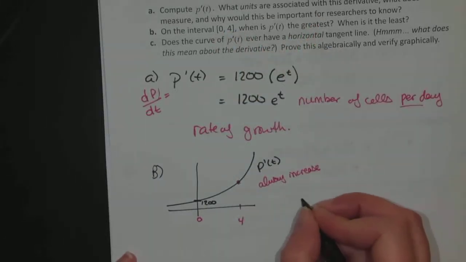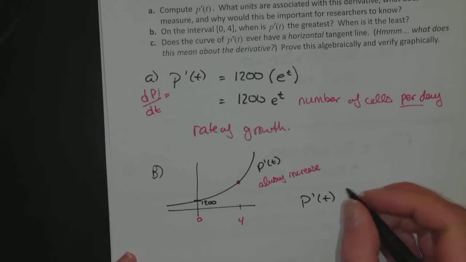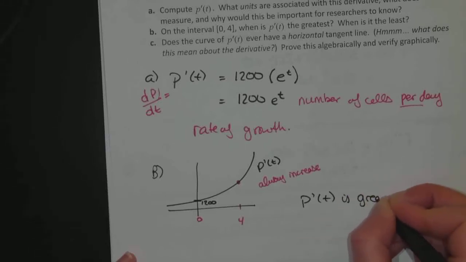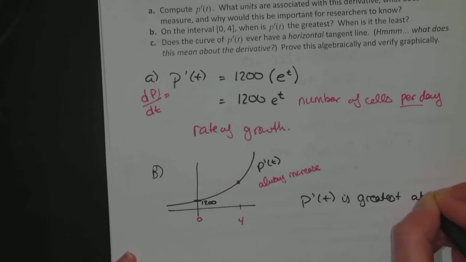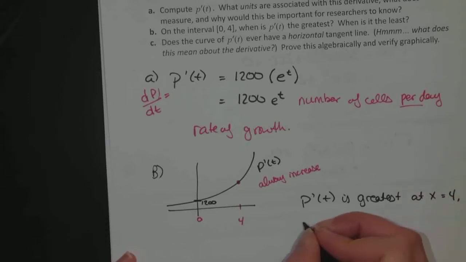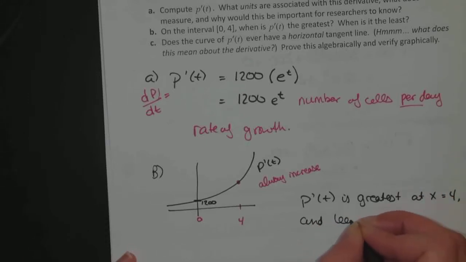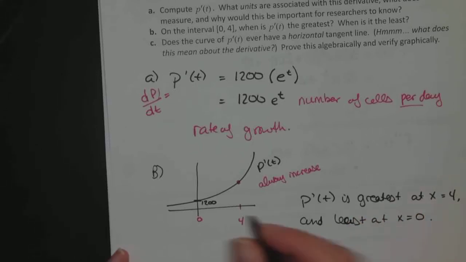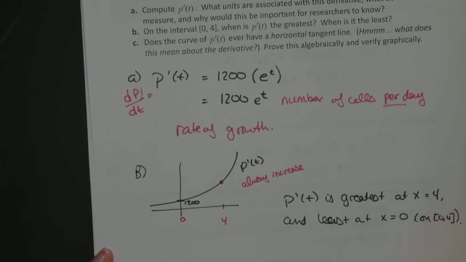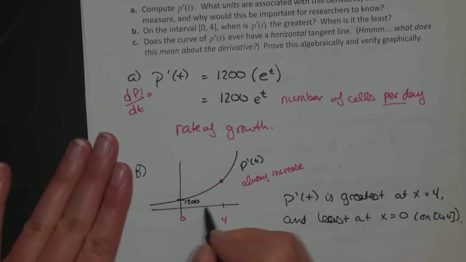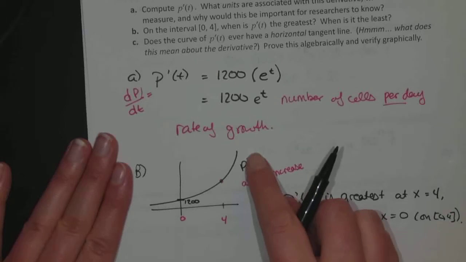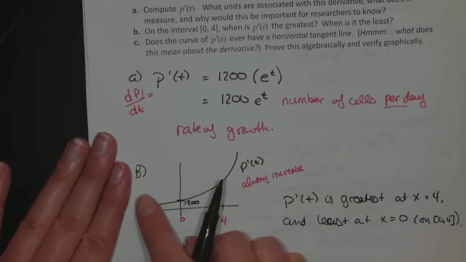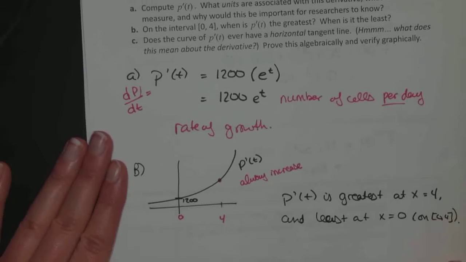So I can conclude, because of the shape of this graph, that P prime of t is greatest at t equals 4 and least at t equals 0 on the interval 0 to 4. And that's because exponential functions are always either increasing or decreasing. With a positive coefficient, it's always increasing.